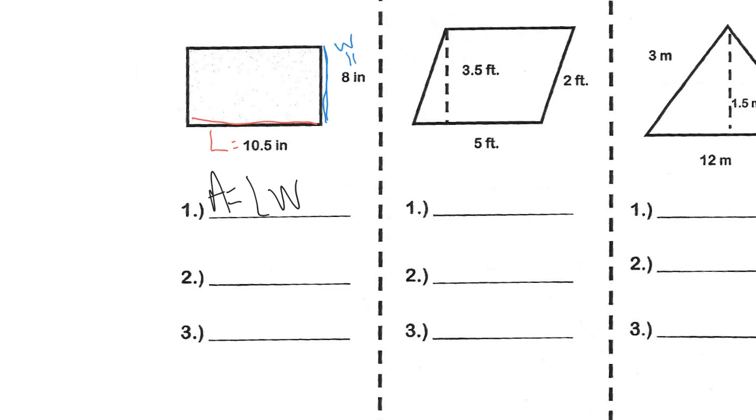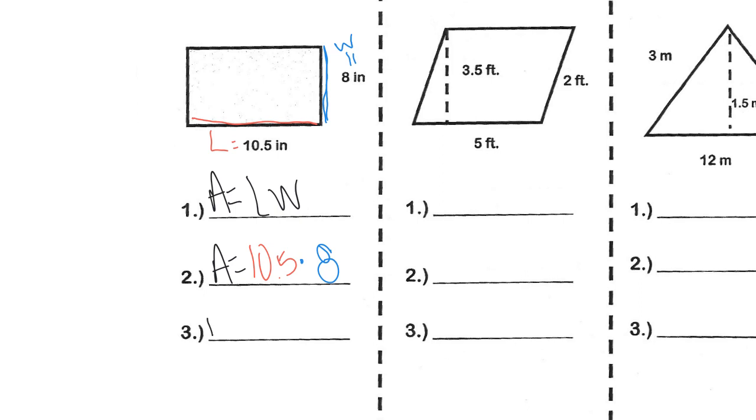So I always label on my shape what my length, my width, my base, or my height is, so that way I know that I labeled them properly, and these go in this specific order, okay? So we have area equals our length times our width. We said our length was 10.5 times our width of 8.